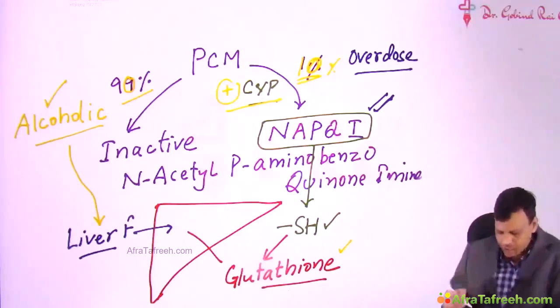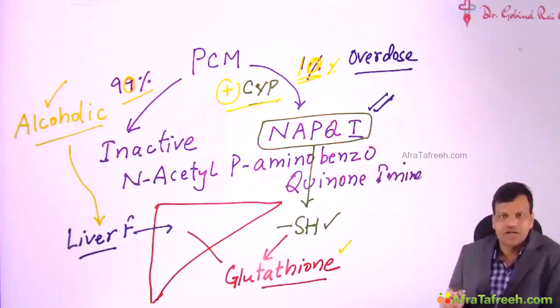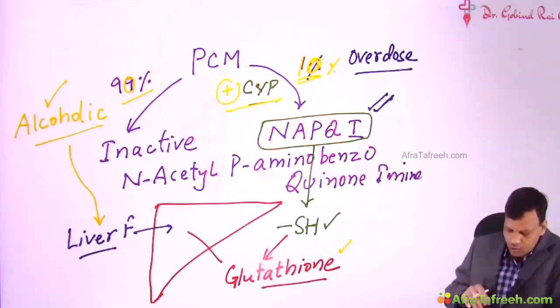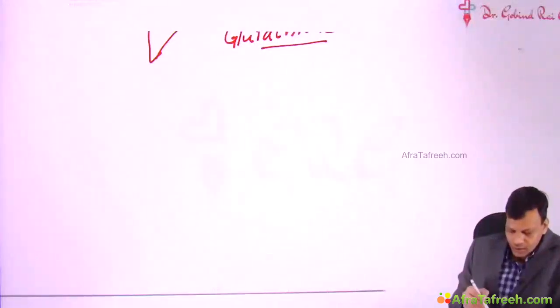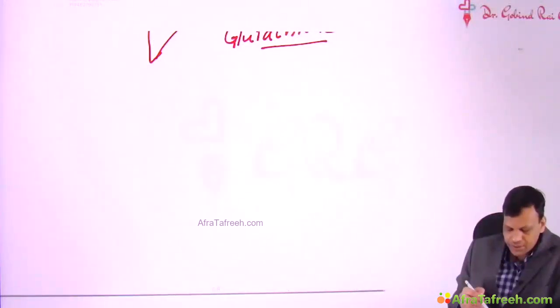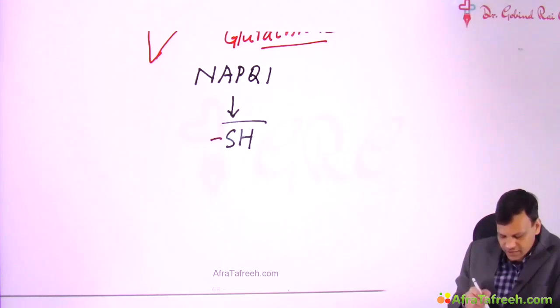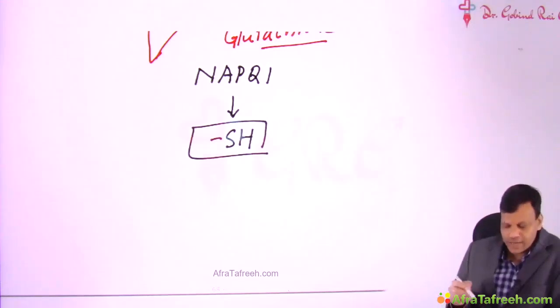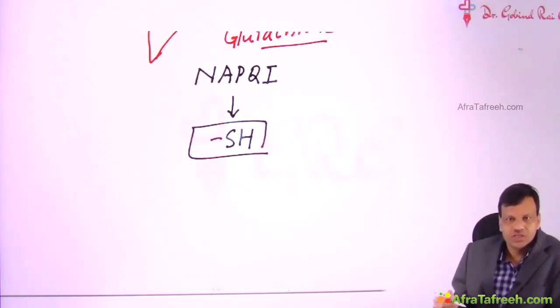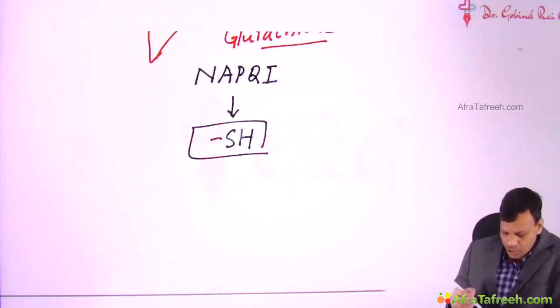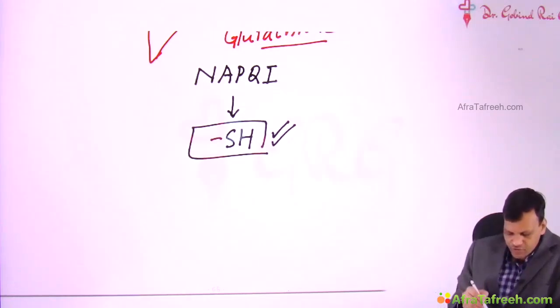And in overdose, paracetamol causes liver damage. So how to treat toxicity? Remember, the NAPQI is binding to sulfhydryl groups. So if we give a sulfhydryl group from outside, NAPQI will dissociate from the important biomolecules and we can reverse the poisoning. So how to provide a sulfhydryl group from outside?